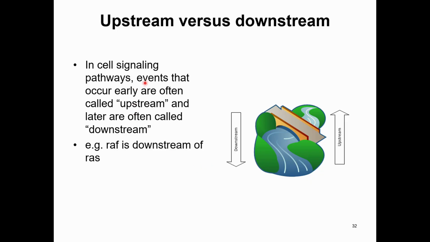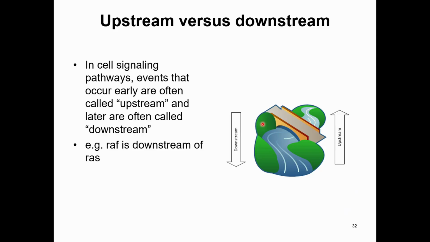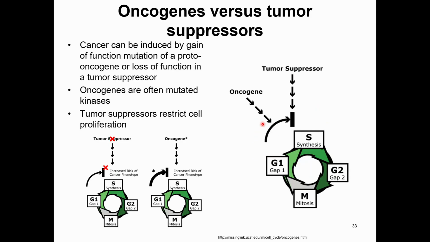So these cell pathways, you can think of upstream and downstream events. So for instance, this kinase here called RAS is upstream of RAF, and that's upstream of transcription factor activation. This is the most downstream. But these ones here, RAS and RAF, those are kinases, but they're also oncogenes.